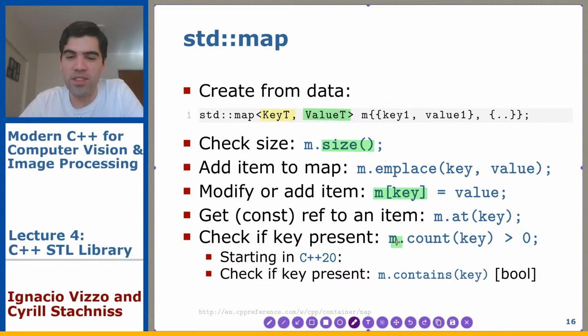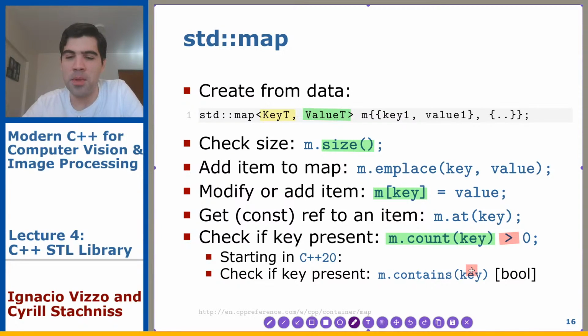So the way of doing this is using the count function. So you have a key, for example 5, and then you want to check if this is in your dictionary or your map, and then you will need to call this function and compare if this is greater than 0. So this does not express the intent of the program really clearly.